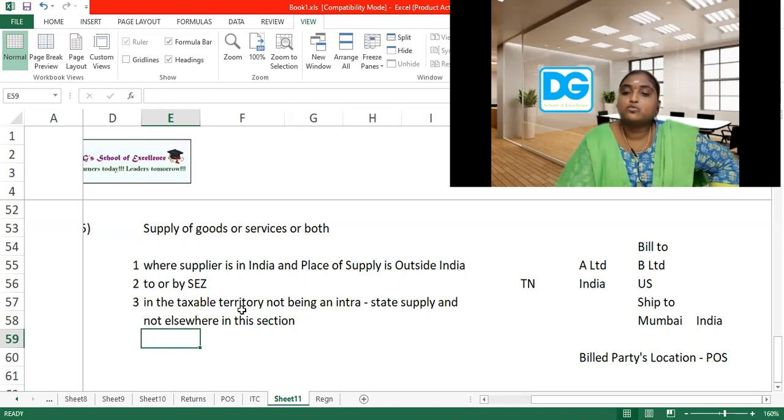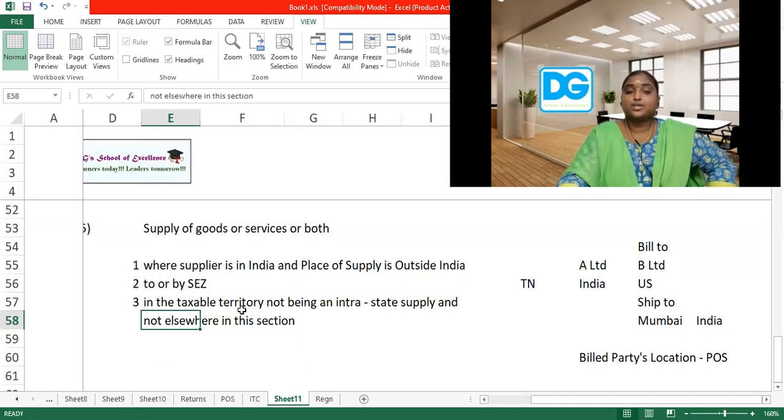And the supply of goods or services is being made in the taxable territory. Taxable territory means India, and it's not an intrastate supply. So then it will be considered as an interstate supply. Where supplier is in India and the place of supply is located outside India, then it is interstate supply.